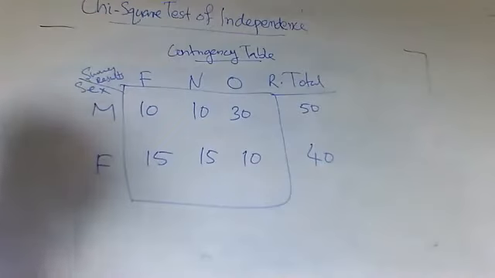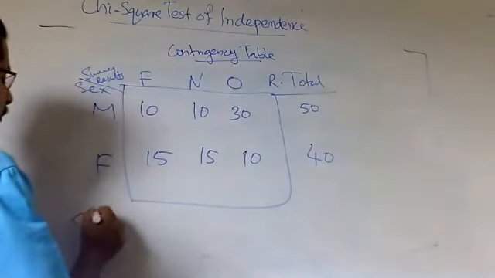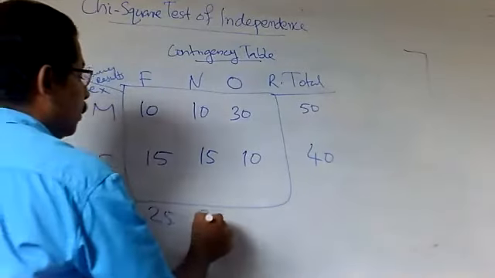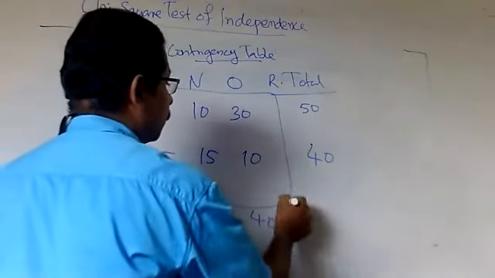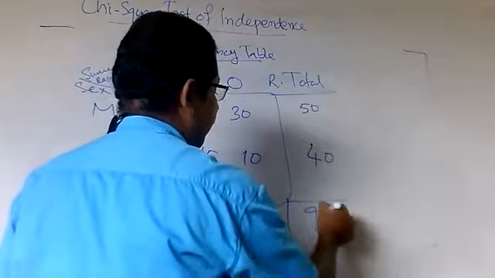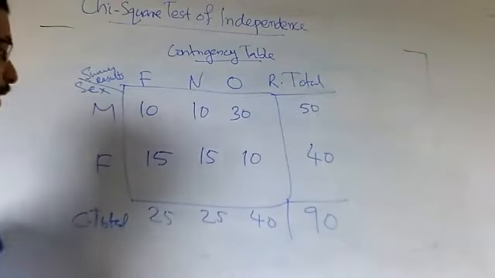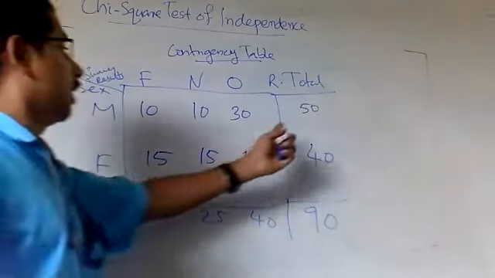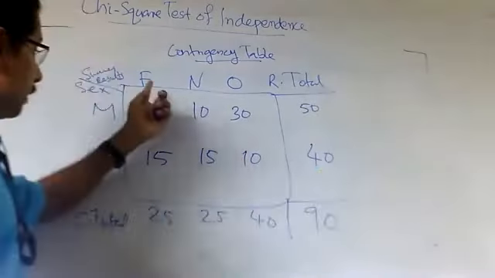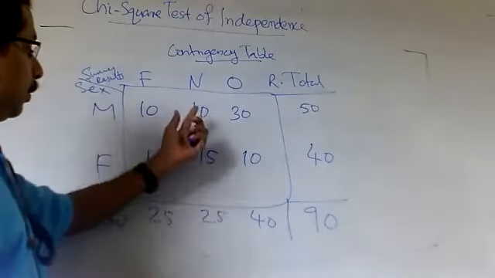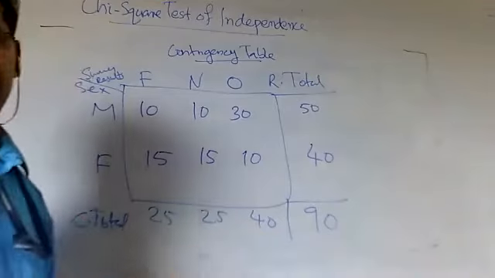Then the column totals are 25, 25, 40. So the total is 90. You collected information from 90 students. Out of them 50 are males and 40 are females. 25 are favorable, 25 are neutral, and 40 are opposed to this question.